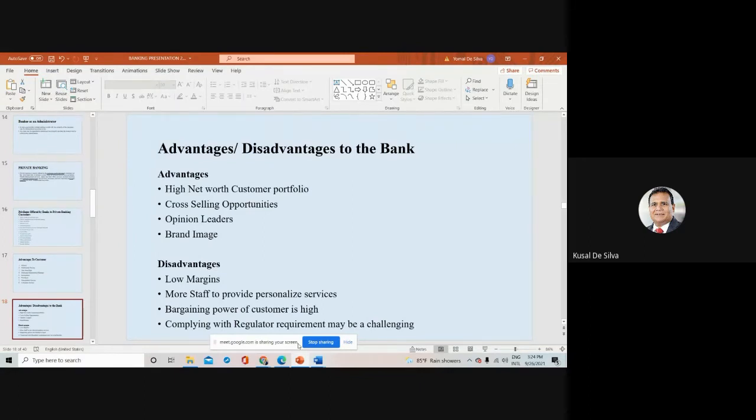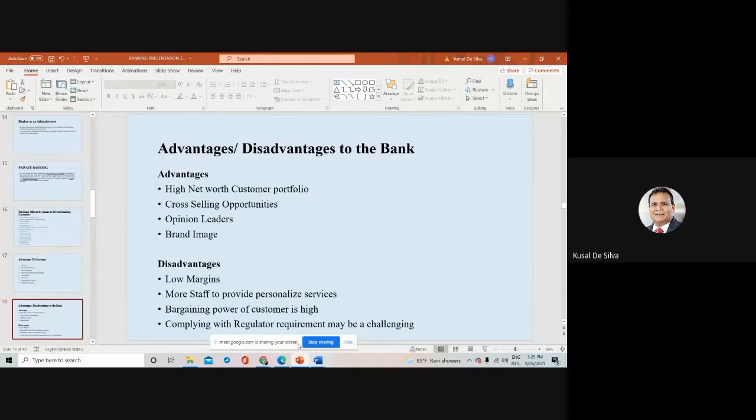Having that kind of people at all touch points is practically difficult, so the cost will increase. These people expect their requirements to be attended to immediately, and they also need a personalized service, which will increase the cost of the bank.